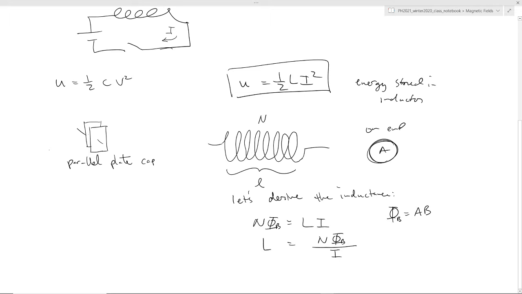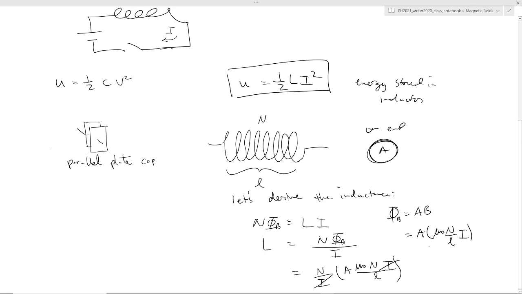And the magnetic field in the solenoid is mu naught times N over L times I. So that's the flux. If we put that in here, then down here we have N over I times this, and we can see that the factor of current is going to drop out.